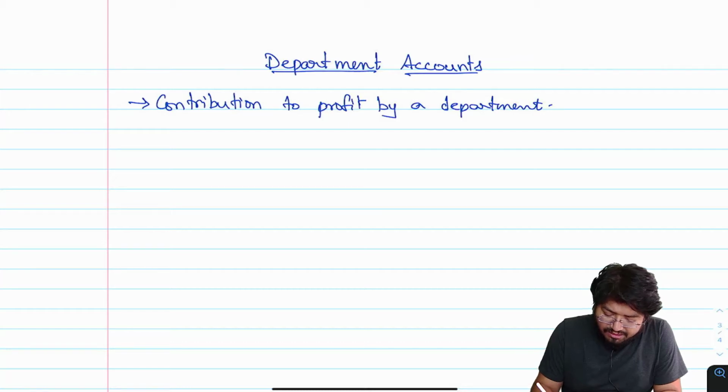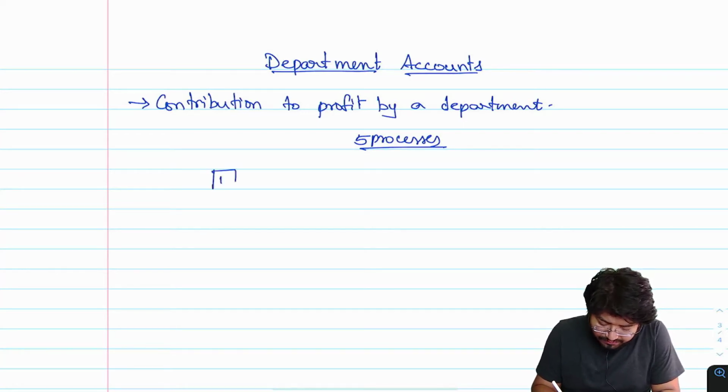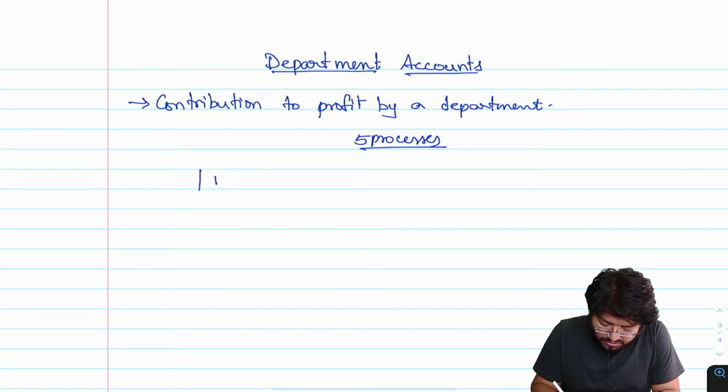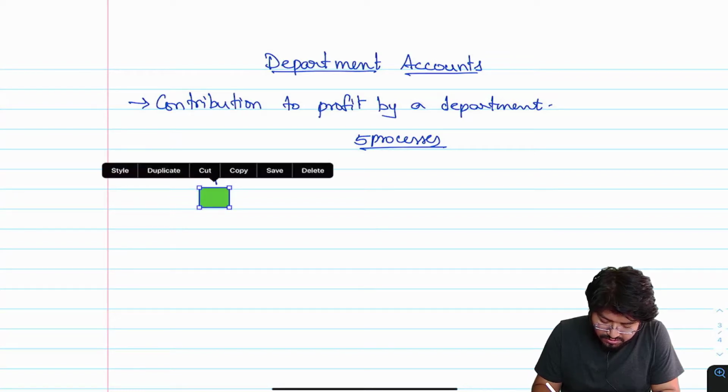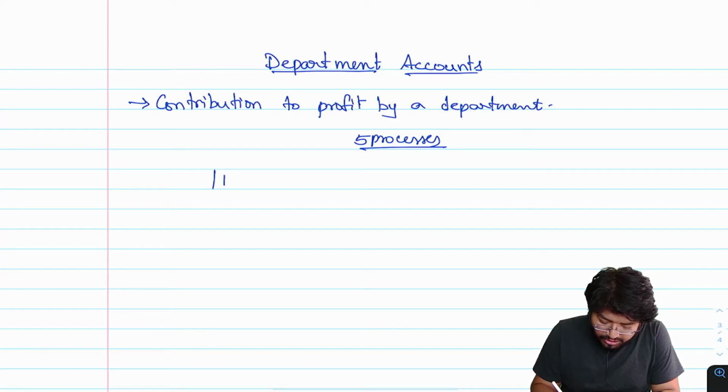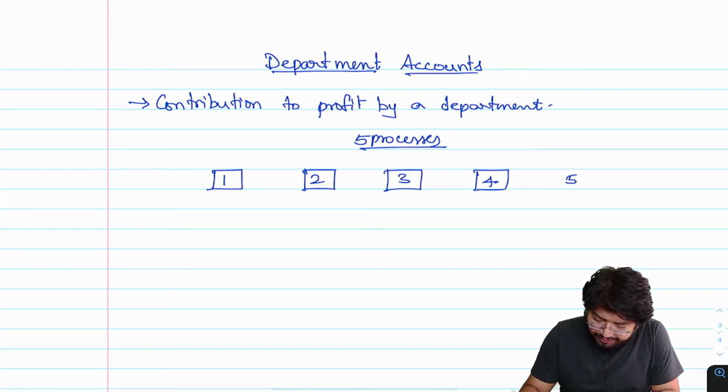Say there are 5 processes in an entity. There is process 1, process 2, process 3, 4 and 5.